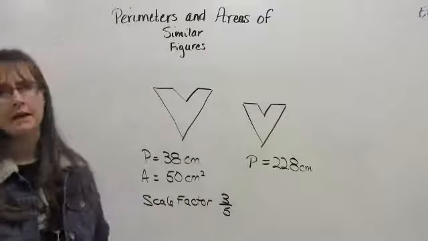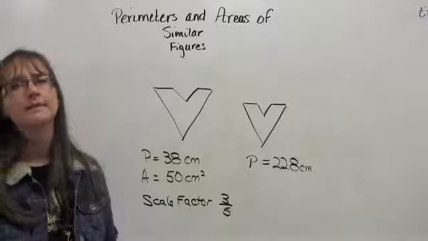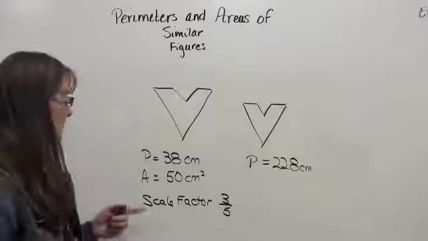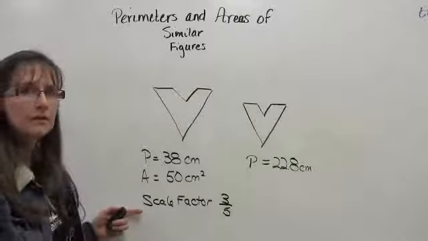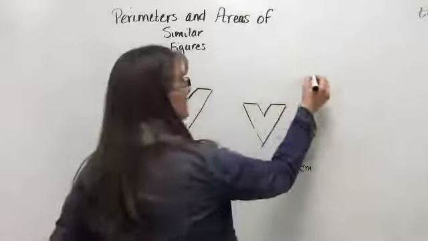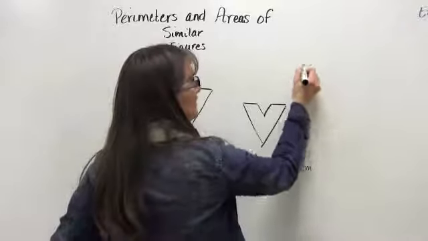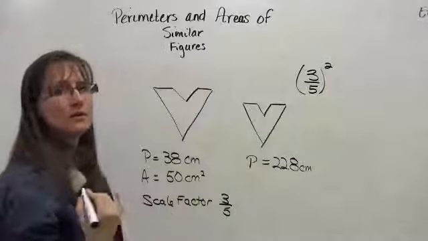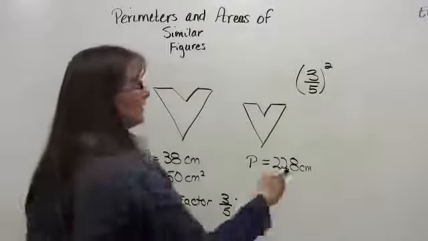Okay, so now I need to figure out my area. If you remember right, the ratio of areas was equal to the scale factor squared. Well, that means the very first thing I have to do is take 3/5 and square it. Well, when I square it, I have to square the numerator as well as the denominator.